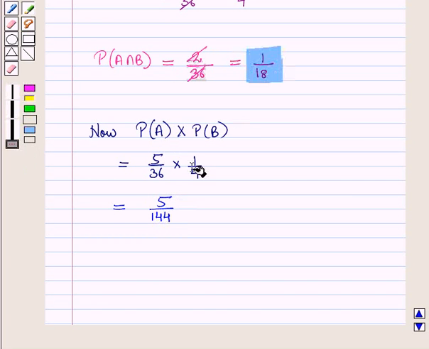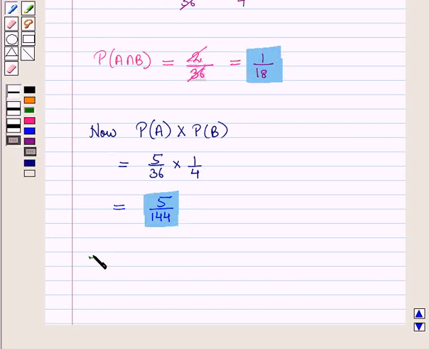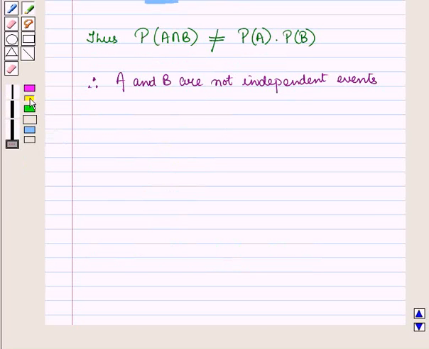So from here you can see that probability of event A intersection B is not equal to probability of event A into probability of event B. Therefore, A and B are not independent events.